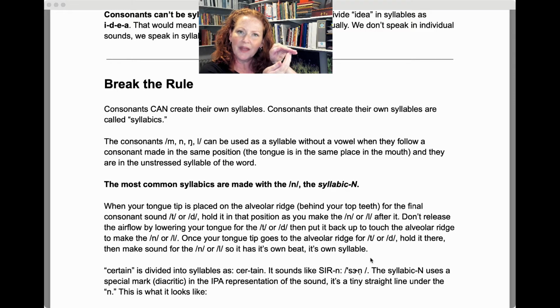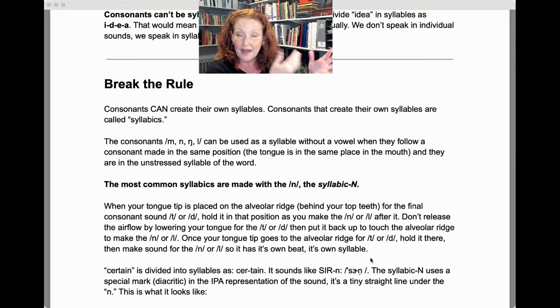So this all depends on holding the tongue in the T or D position and then making the noise of the N. So when you say the word certain, you can say certain. In this case, you're saying T, releasing the air and putting the tongue back for the N. So it's, well, here's my S, certain, and back up.